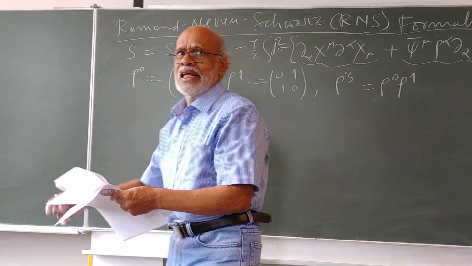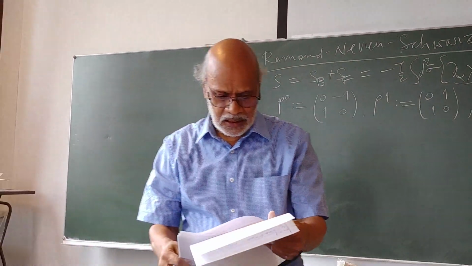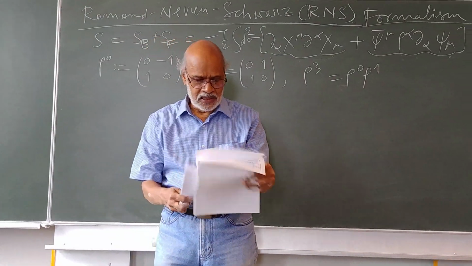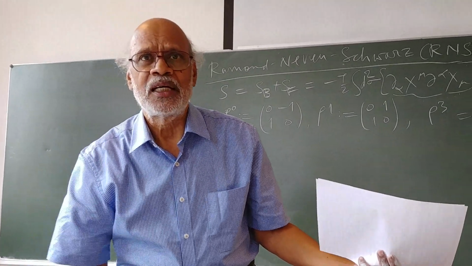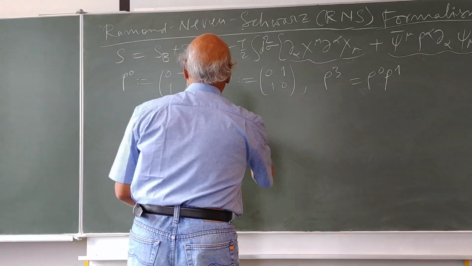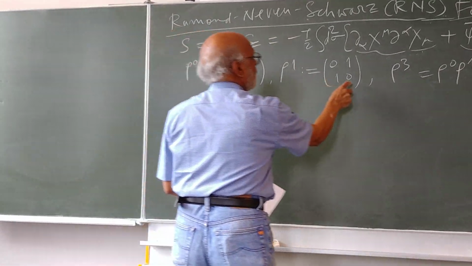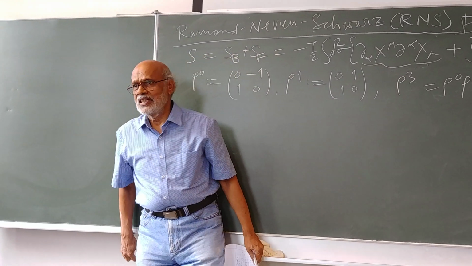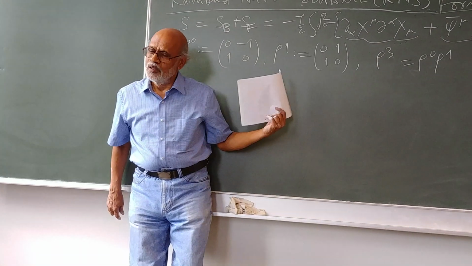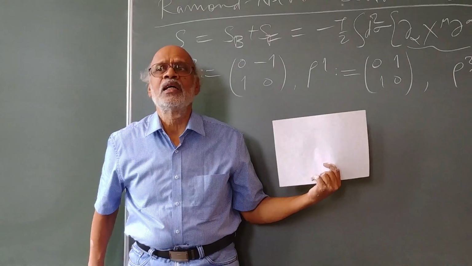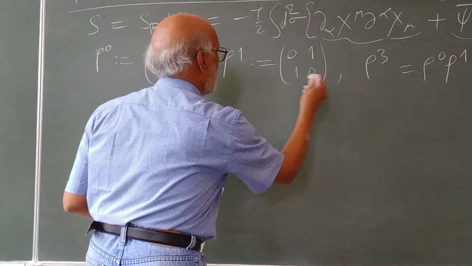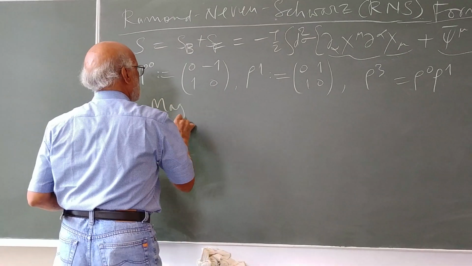You can prove the entire Dirac algebra of these gamma matrices. But I should at least give the definitions of rho 0 and rho 1. We would work with this particular representation. This is called the Majorana representation.